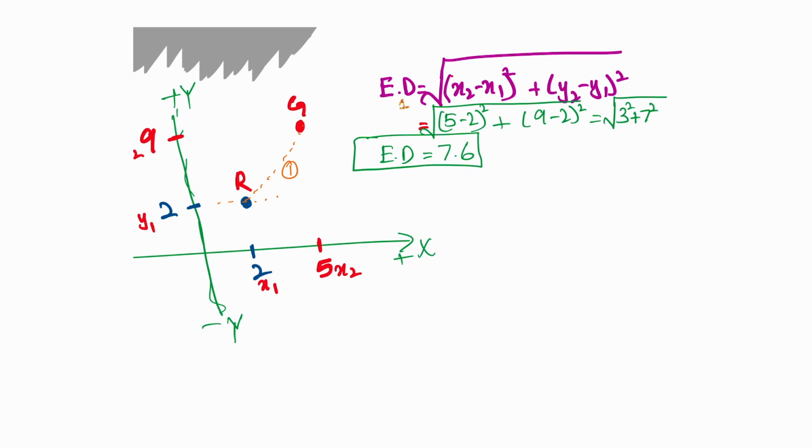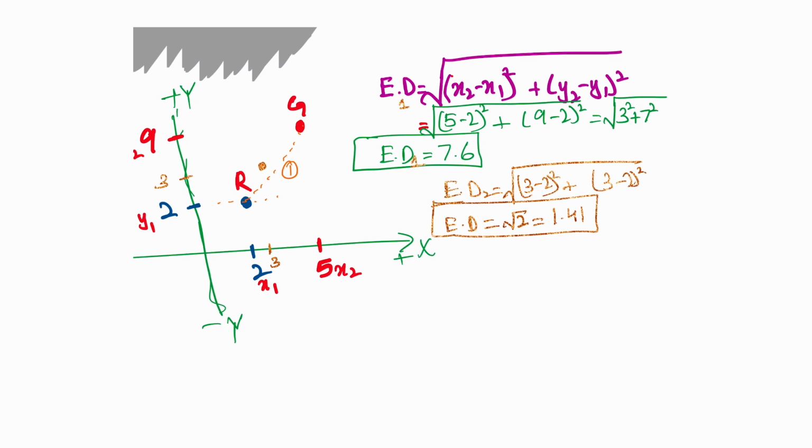Let's say we are now calculating another Euclidean distance. This was Euclidean distance 1, and for Euclidean distance number 2, we say that our point is somewhat near the robot. Let's say at this point, which is 3 in X and 3 in Y. So we directly apply the formula: 3 minus 2 squared plus, for the y it is the same, 3 minus 2 squared, and it solves to the square root of 2, which is 1.41.